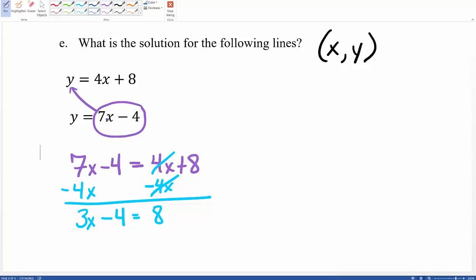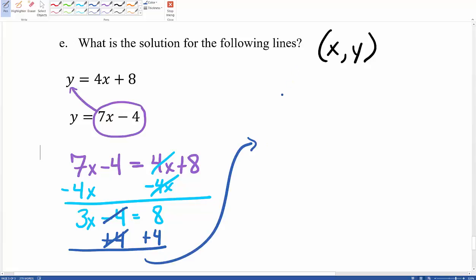Now, since this negative 4 is not stuck and glued to 3x, we're going to add 4 to both sides. And so when we do that, we end up with just 3x equals 8 plus 4, which gives us 12.